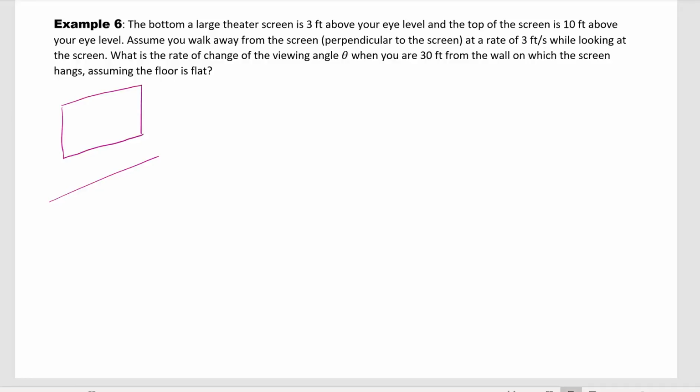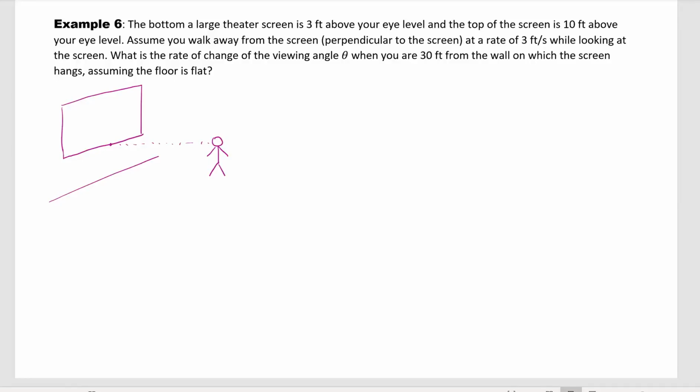The bottom of the screen is 3 feet above your eye level, and the top of the screen is 10 feet above your eye level. My eye level is here.